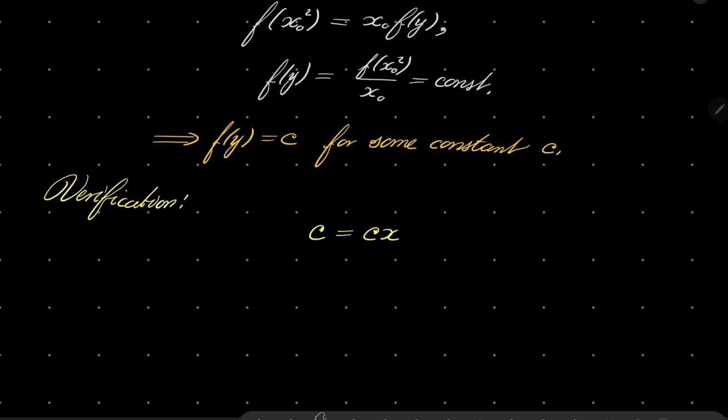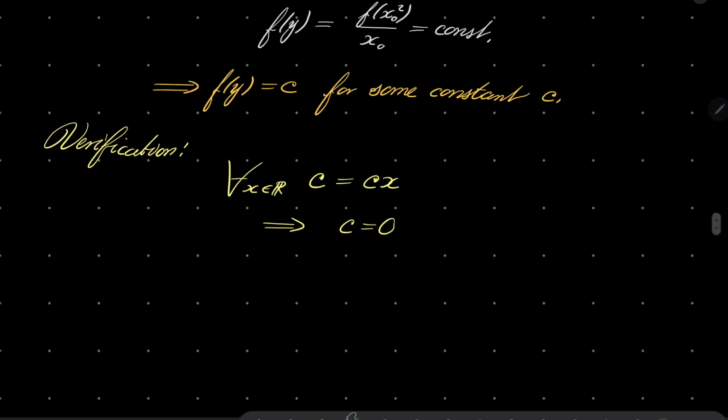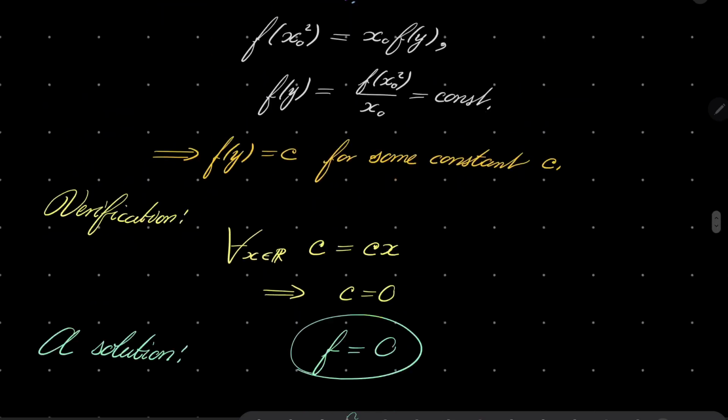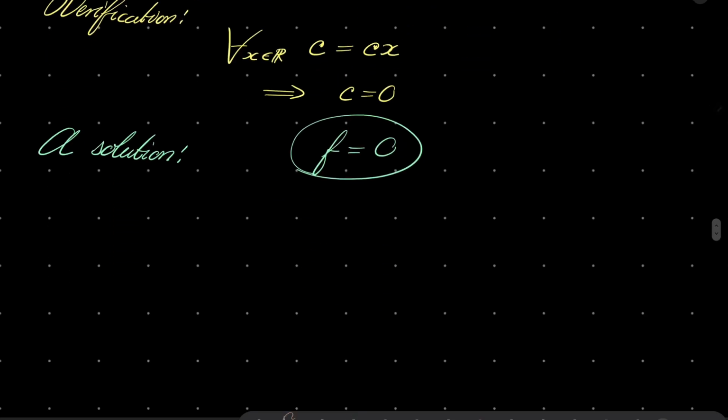And that should be true for every real number x, which can only mean that c equals 0. And in fact, this function satisfies our equation. So we have already established one solution, the function which is constantly 0. So that was quick.